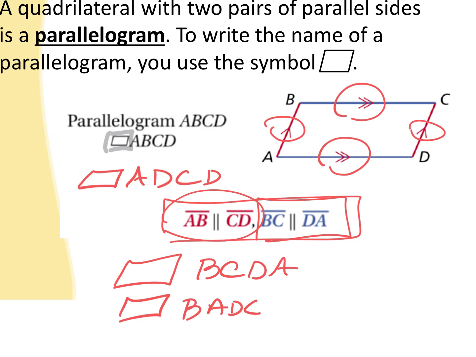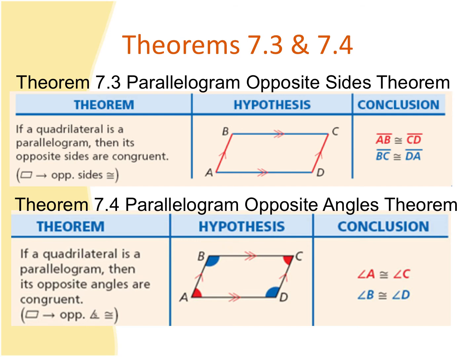Next, we're going to add some more properties, but they're going to be presented as theorems. Again, don't memorize the numbers. You can memorize the name. So the first one is the parallelogram opposite sides theorem. And this states that if a quadrilateral is a parallelogram, then its opposite sides are congruent.